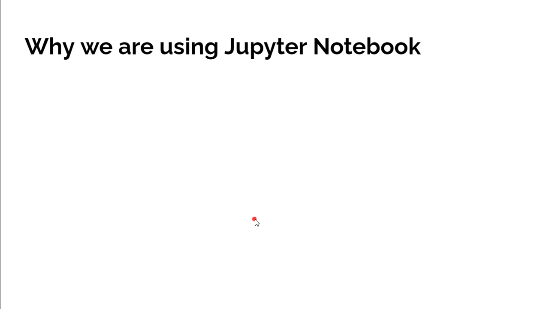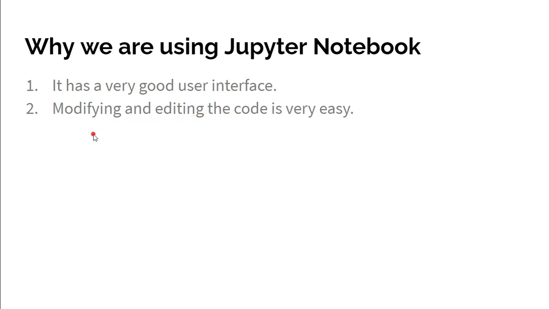Now, the next topic is why we are using Jupyter Notebook. The first point is that it has a very good user interface. We will see that it really has a very good interface. Second is that modifying and editing the code is very easy.